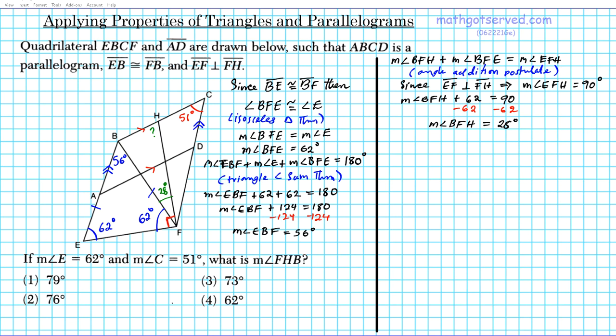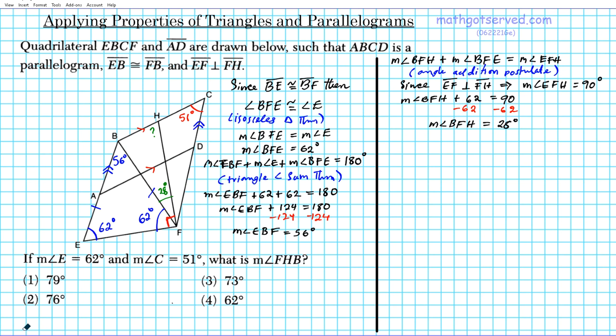Now we're going to switch to the properties of parallelograms, okay? If you take a look at this angle right here and this one, these two are consecutive angles of a parallelogram. And what did we say about consecutive angles of a parallelogram?